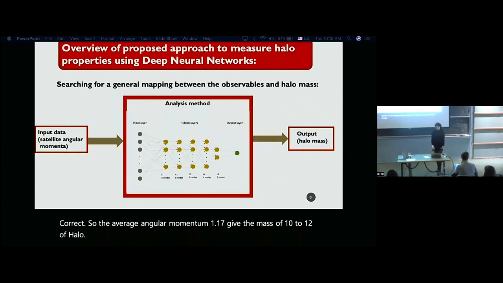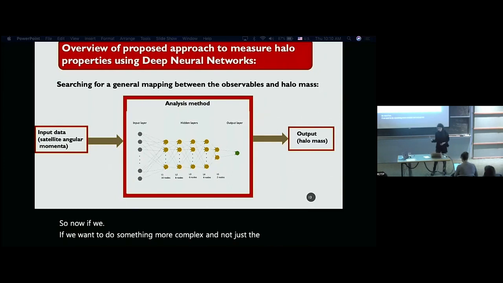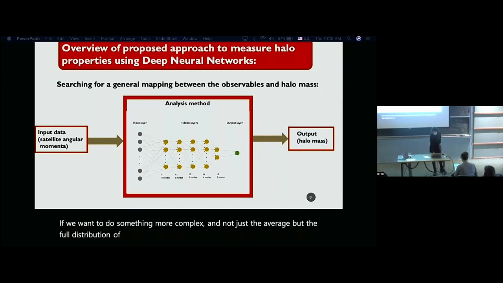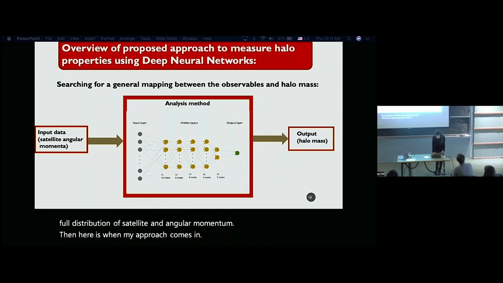Now if we want to do something more complex, not just the average but the full distribution of satellite angular momenta, here is when my approach comes in. I propose to find a general mapping between the observables and halo mass using a deep neural network.